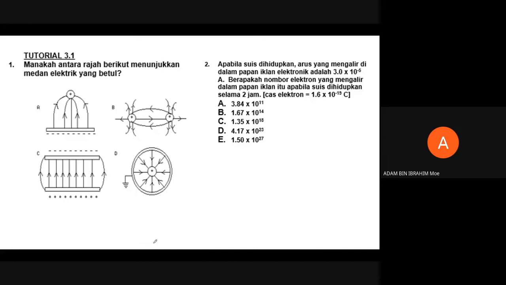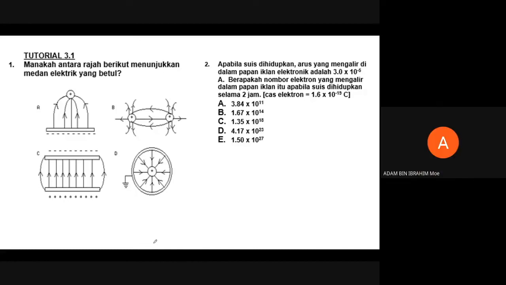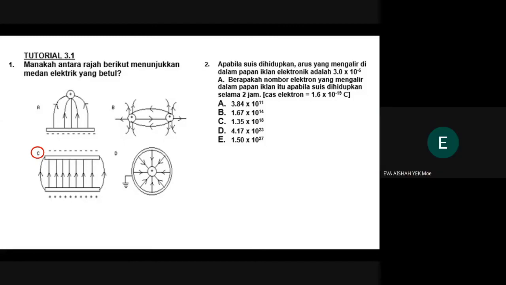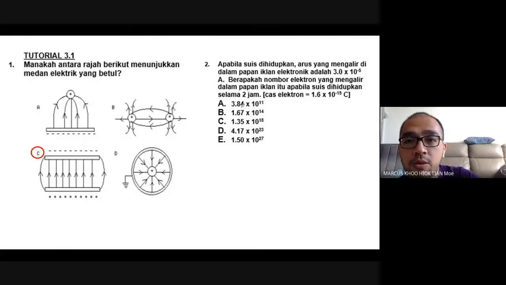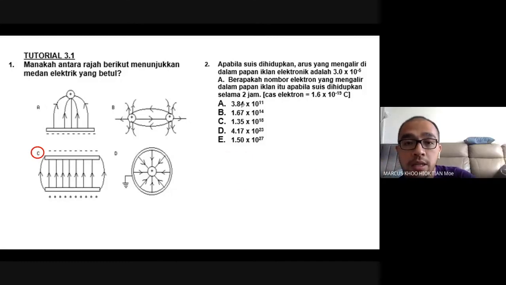Number 1 is C. C. Okay, good. Ava, number 2. I got D. D. Okay, let's just double check.